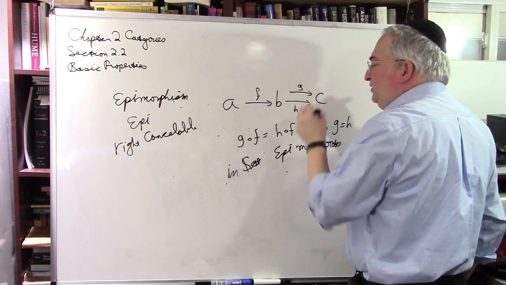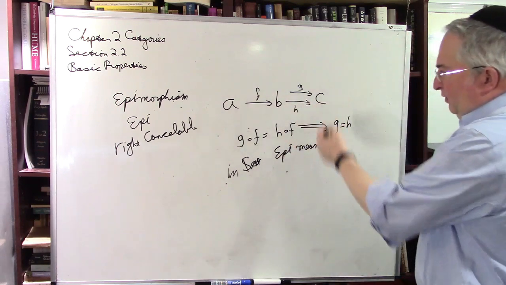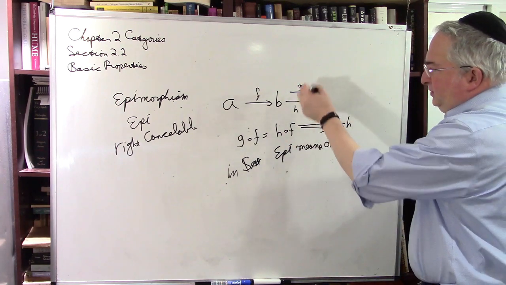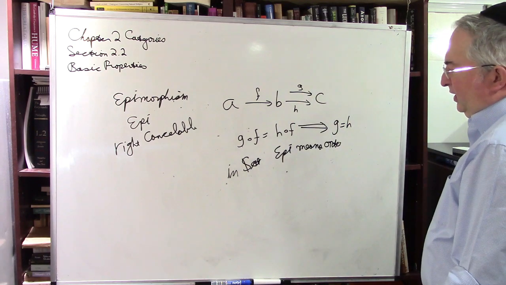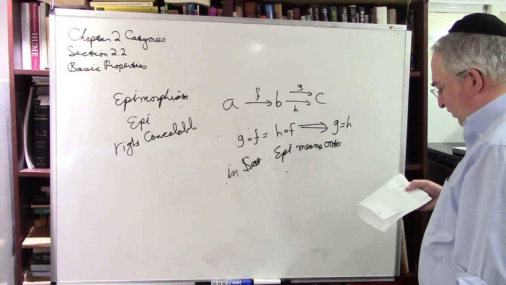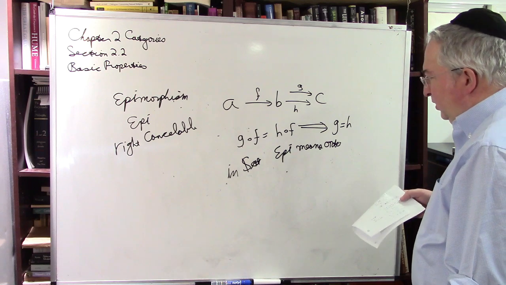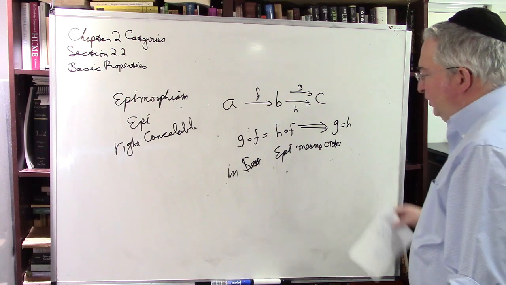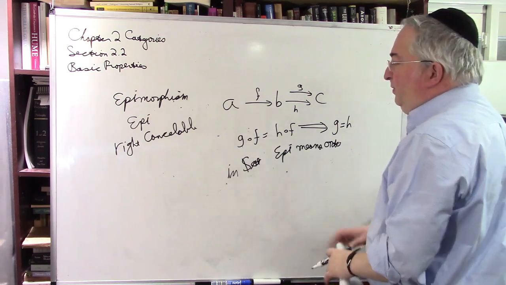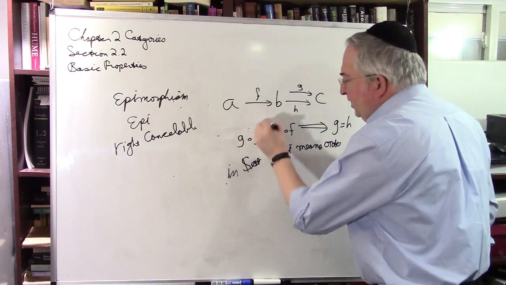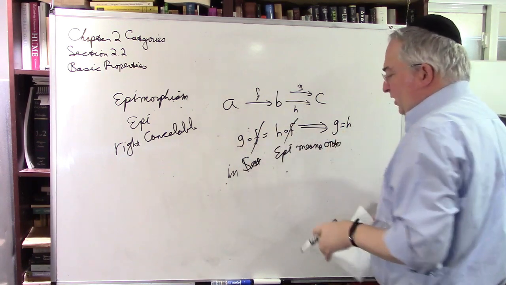And so when it does this, it covered every element, and it got that. Okay, so you look in the book for exact definitions, so exact working out all the details. Main thing, why is it called right cancelable? Because the F is on the right, and we cancel it, and we get G is equal to H.